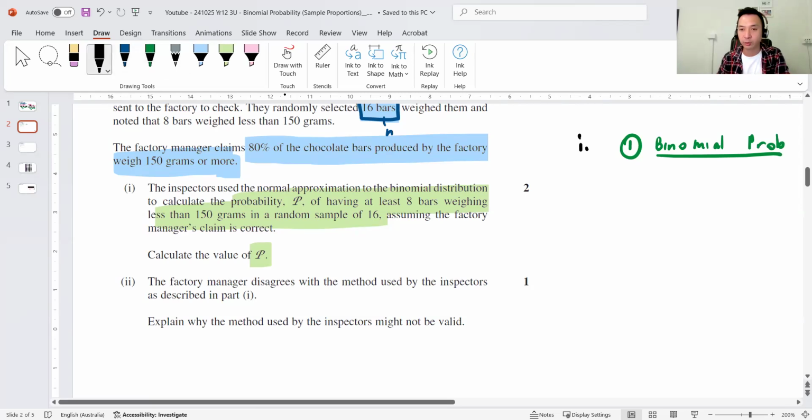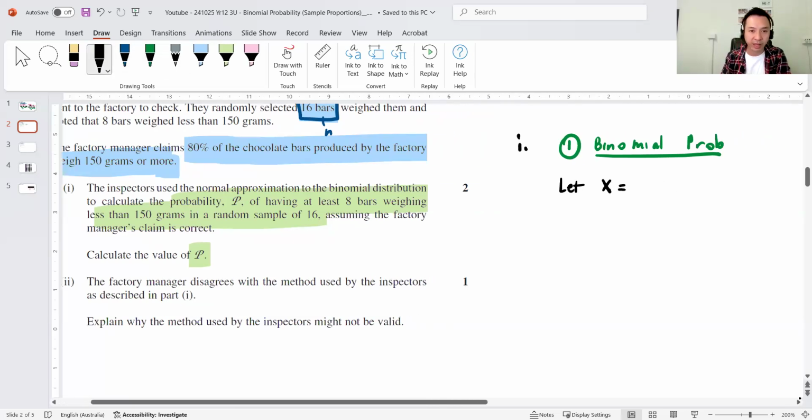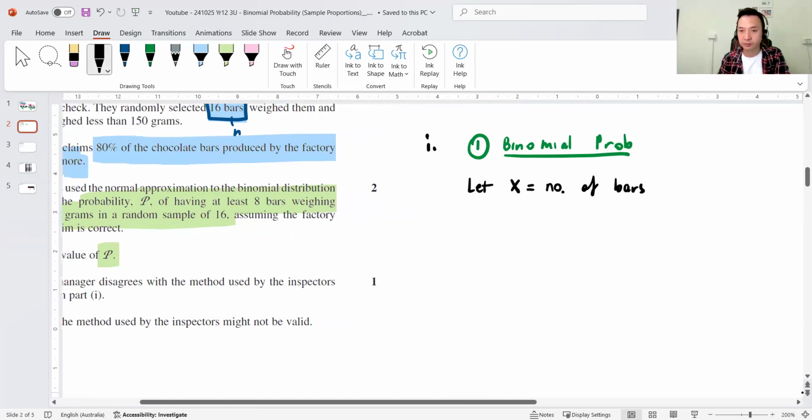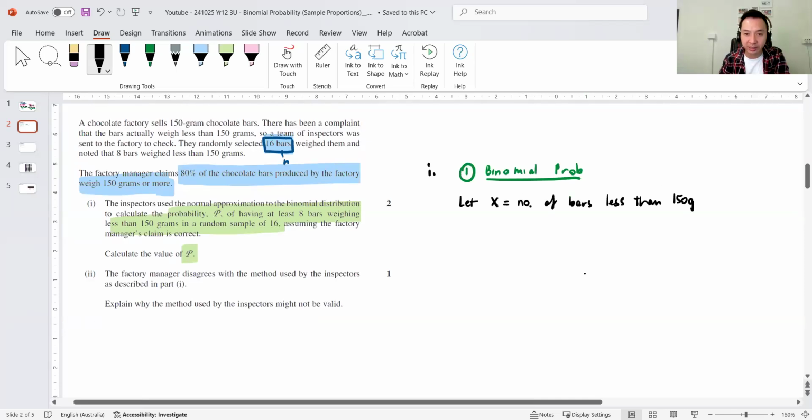So let X equal the number of bars less than 150 grams. In this question, they've defined P to be at least 8 bars weighing more, so 8 weighing less.